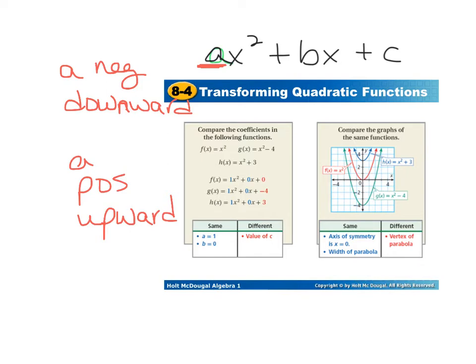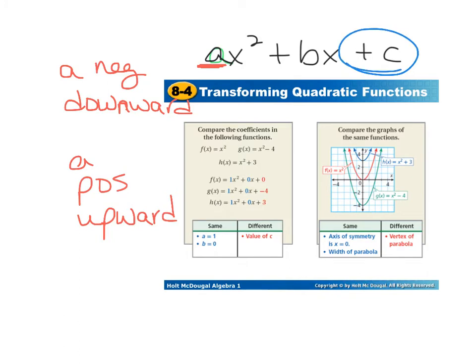Oh. Okay? So what they're telling us to do here is when the a term is 1 and there isn't a b term, the value of c is going to tell us how the graph is going to move now. So what we're going to do now is focus on this last number.